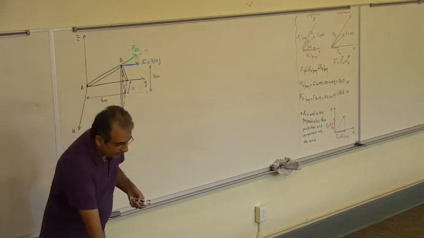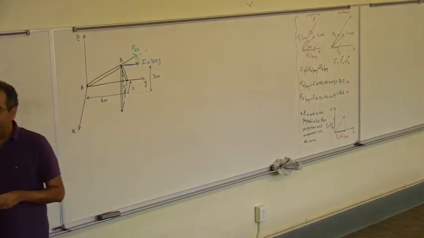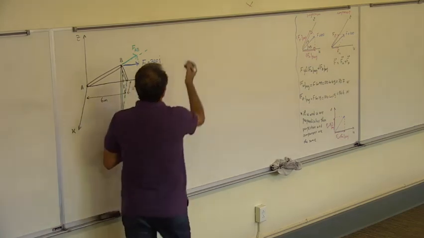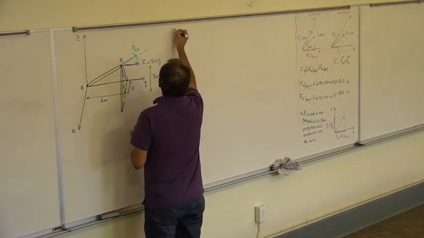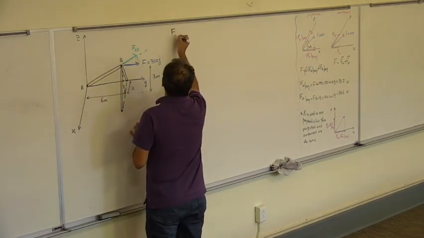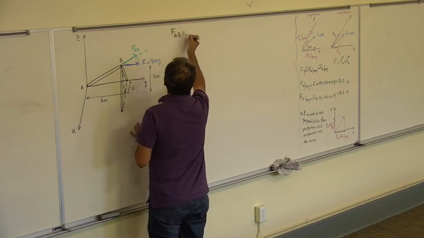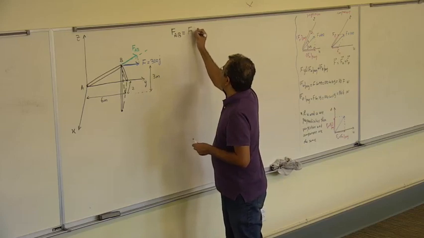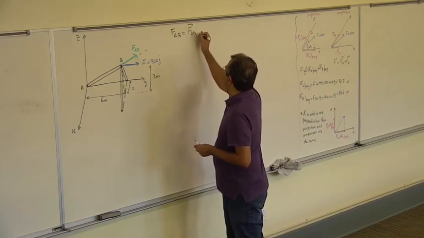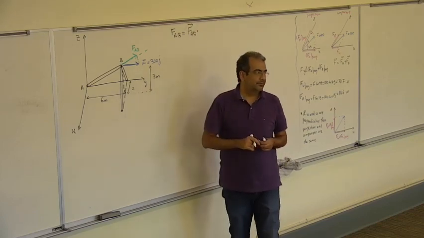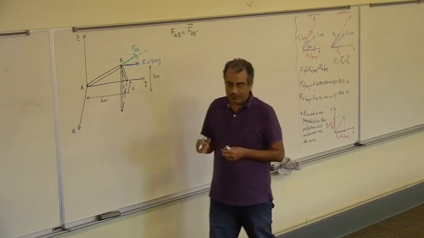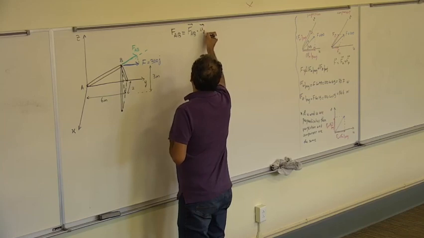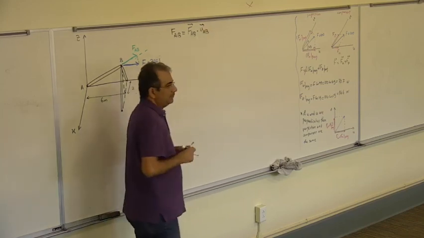I know that if I want to find the magnitude of the FAB, the magnitude of FAB is going to be the vector F dot the unit vector along the AB, right?